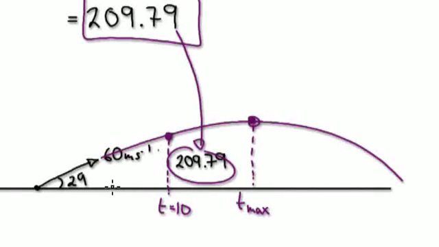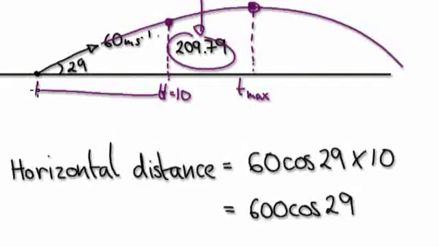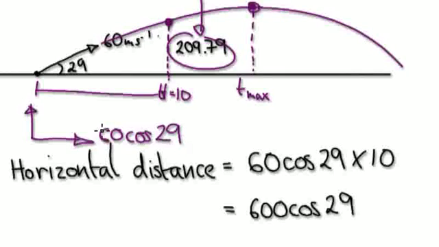And then we still need to know this distance here. So the horizontal distance would be, don't forget when we broke up the components, it's 60 cos 29 here.